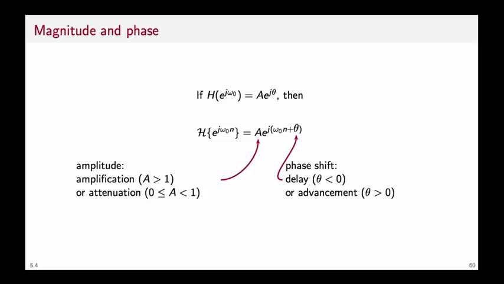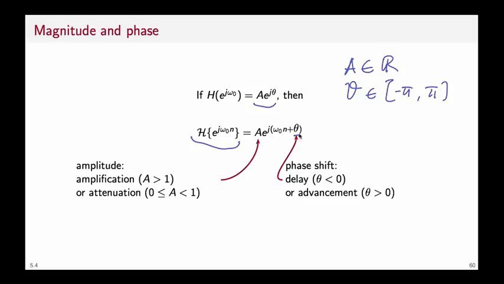Let's examine a little bit more what happens when we process a complex exponential with a linear time invariant filter. If we write the value of the DTFT of the impulse response at omega 0 as a times e to the j theta, where a is a real number and theta, of course, is an angle between minus pi and pi, then we have that the processed complex exponential is the original complex exponential, which has been scaled by the amplitude a and has been delayed or advanced by a phase term theta.